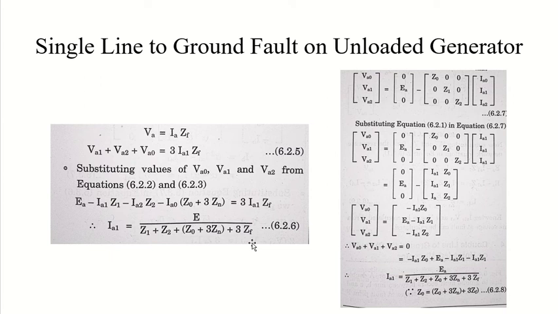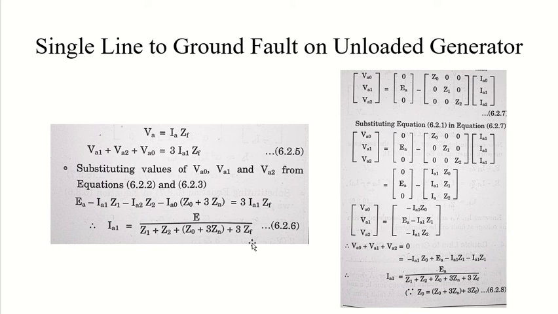Now that you have found the value of fault current, I want you to look at two equations very closely. The equation of fault current itself, which is E divided by Z1 plus Z2 plus Z0 plus 3Zn plus 3Zf. Basically my ZF is the fault impedance, you can call it the impedance of the point where the fault is occurring.